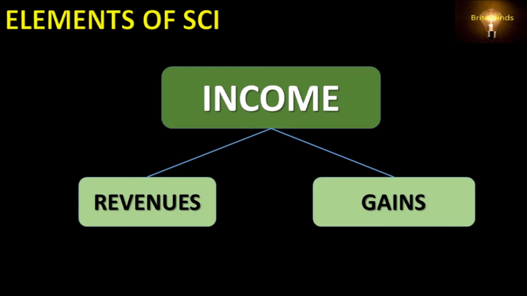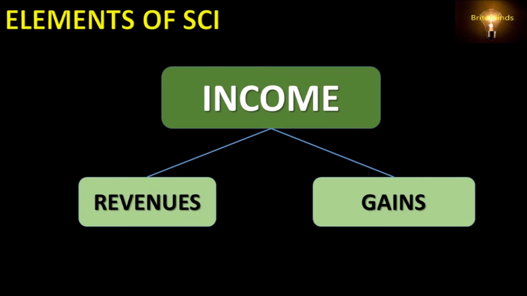Classification of income as revenue or gains is dependent on the nature of the business, or what type of business it is. For example, for a merchandise business, interest income is not a revenue. However, for a bank whose primary operation is to give out loans, interest income is considered revenue.